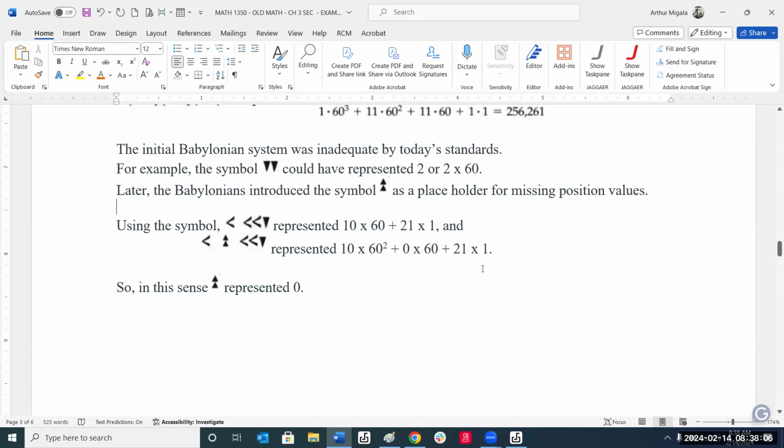So the first one was what system? The Egyptian system. And again, that was really mind bending because you have to memorize all those symbols along with the hieroglyphics. The Babylonians were next, which had a much more streamlined system.